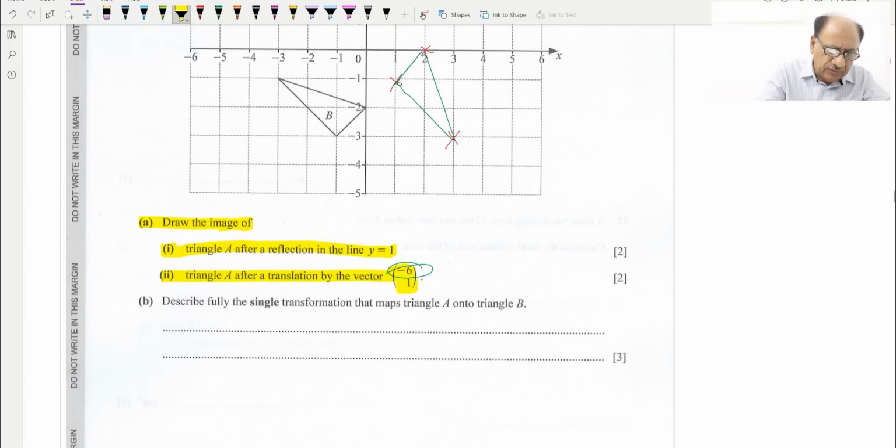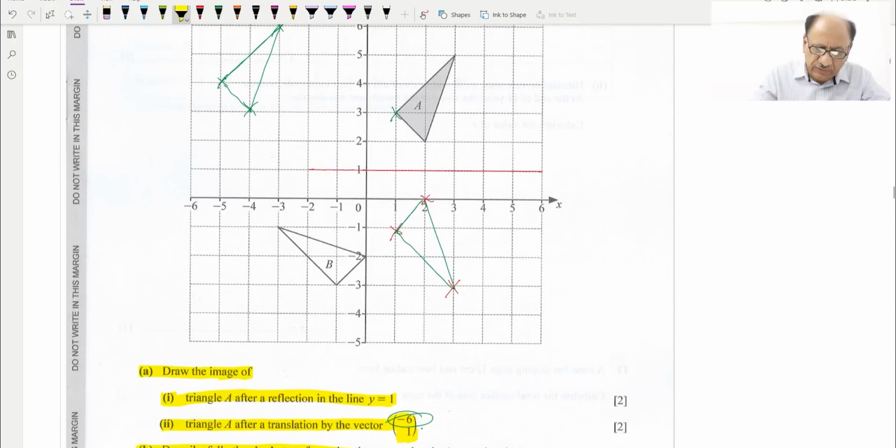Then they are saying describe fully part B. Describe fully the single transformation that maps triangle A onto triangle B. So A onto B, if you check, this triangle is rotated, but it's rotated basically anti-clockwise.